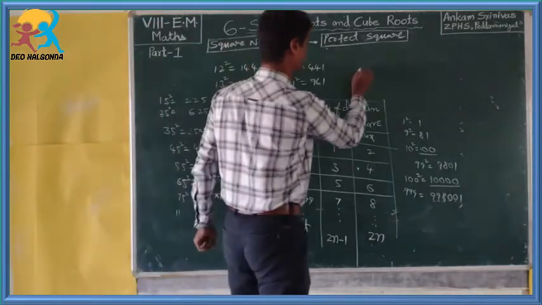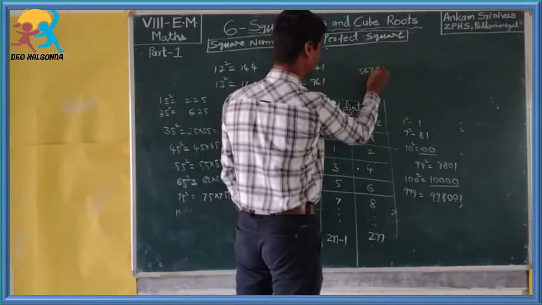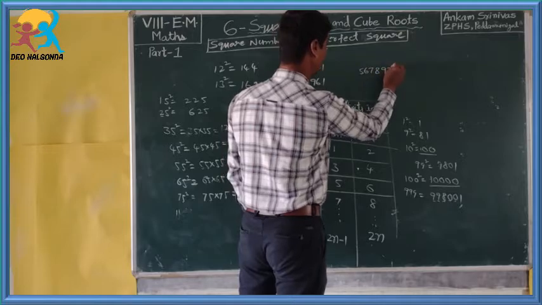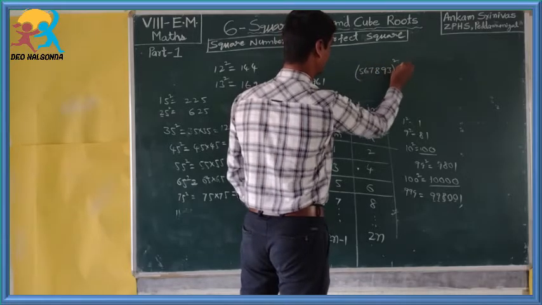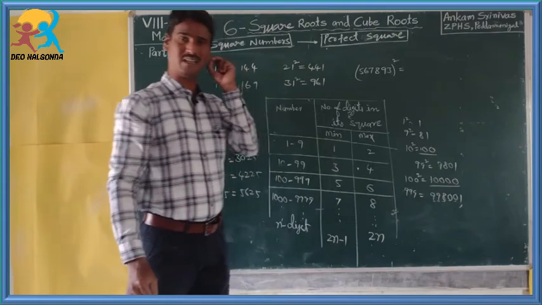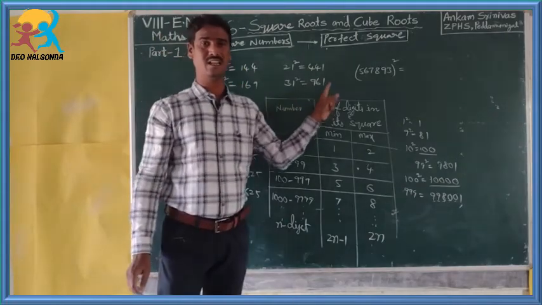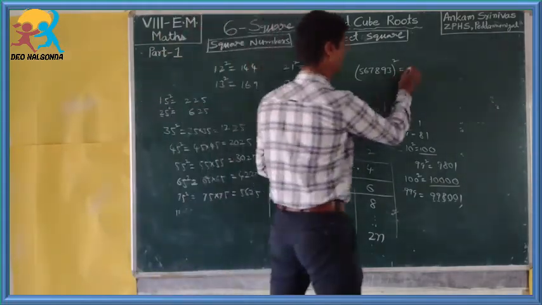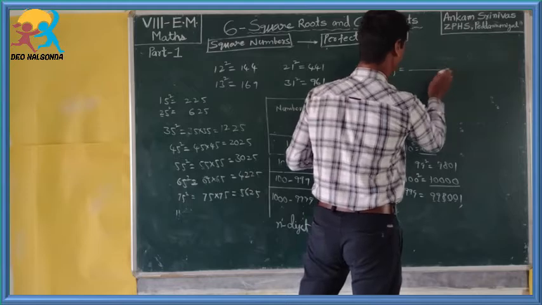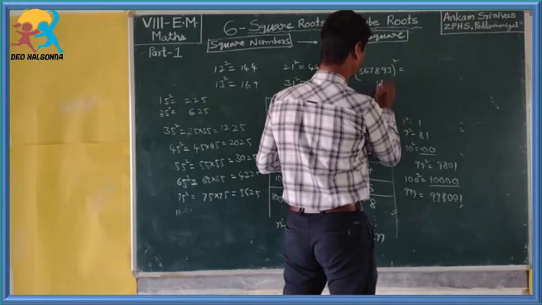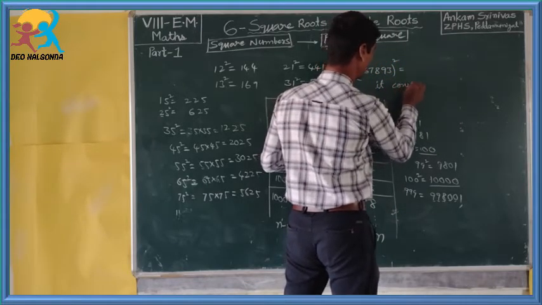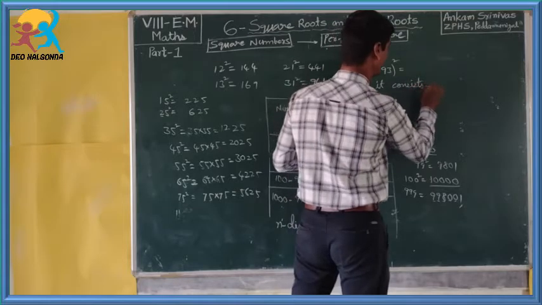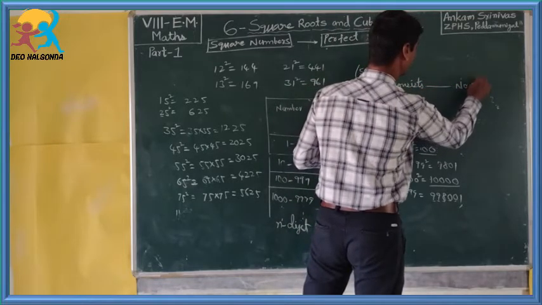Suppose 567893 square. This number contains a certain number of digits.